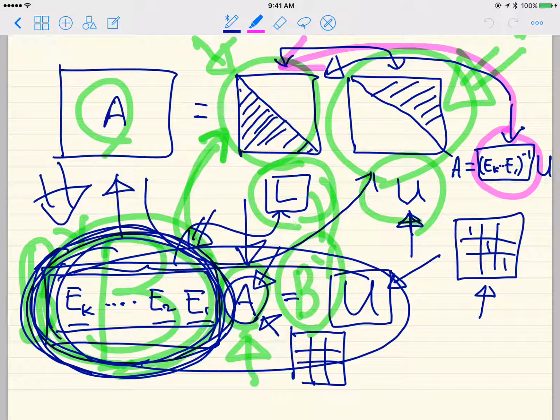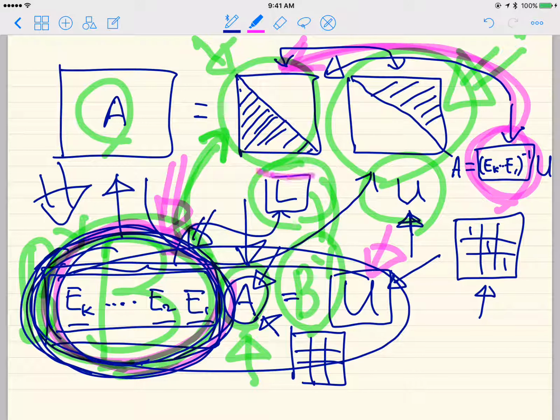You saw this slide, and then you can easily construct these elementary matrices that you will apply. And then after obtaining this upper triangular matrix or echelon form, you have to compute the inverse matrix of the whole thing, because that will become your lower triangular matrix L.